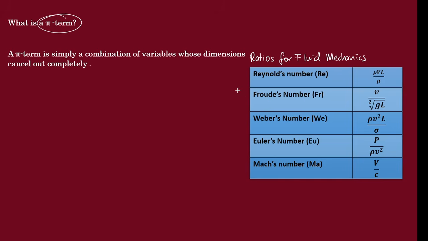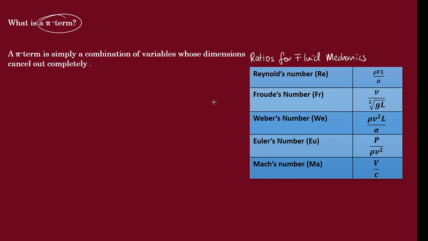All our concern is going to be to create expressions using dimensional analysis. Each of these are ratios of some kind of force or another. Reynolds number, for example, is a ratio of the inertial force on a fluid to the viscous force. Euler's number is a ratio of the pressure force to the inertial force, and so on and so forth.